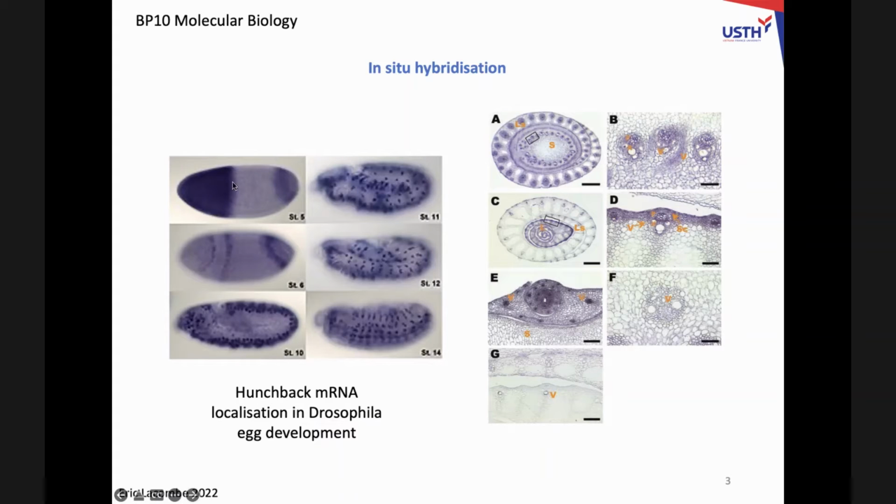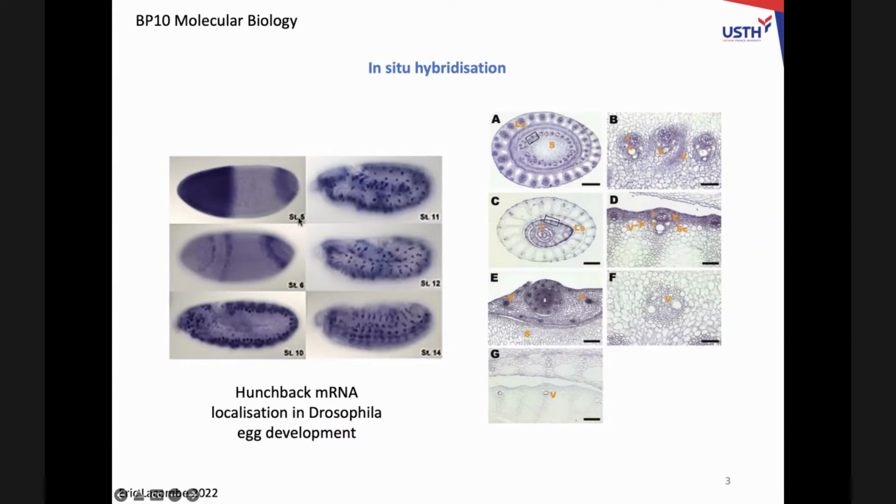It's not important to know. So what you see here is all the dark purple signal, and the signal is changing over time during the development. Anyway, the purple signal, so it is an egg. One egg is one cell, okay? So here we are looking at the localization of the mRNA of the HuncBAC gene inside the egg of the Drosophila.